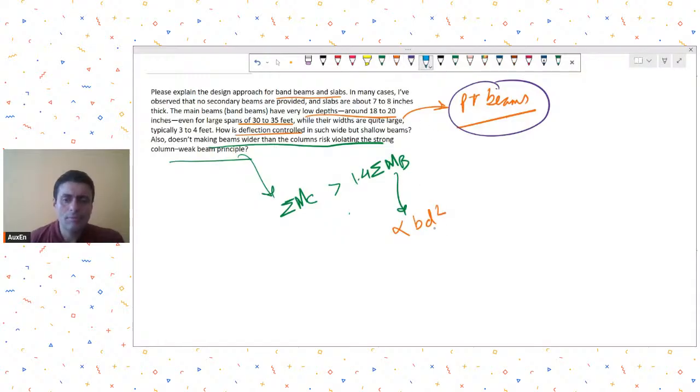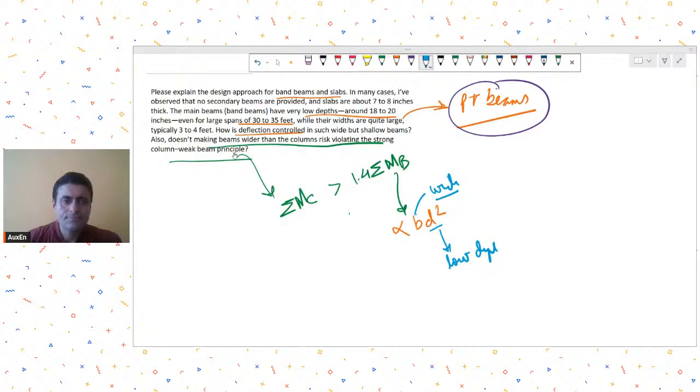So if I maintain low depths and make the beam wider: if I increase the depth, the moment capacity increases by the square of the depth, and if I increase the width, it only increases by power of 1. So wider beams with smaller depths will in fact help me control the beam column capacity ratio, isn't it?